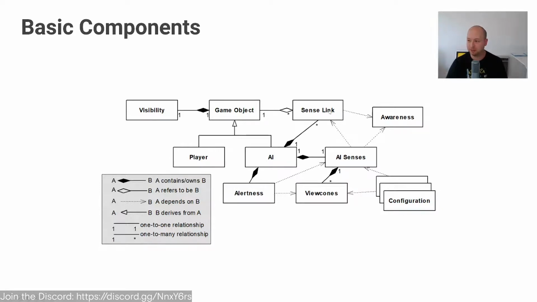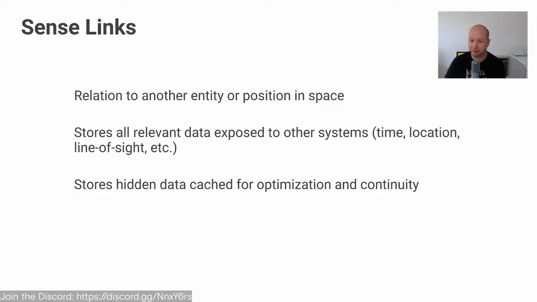So the sense link may just be an interface or a decorator to the game object that gives you access to that in a cached way. It's creating more memory of this particular thing, but the sense link doesn't have to be object oriented. It could be a data-oriented design type of system, which is basically just a database. It could be just a static array.